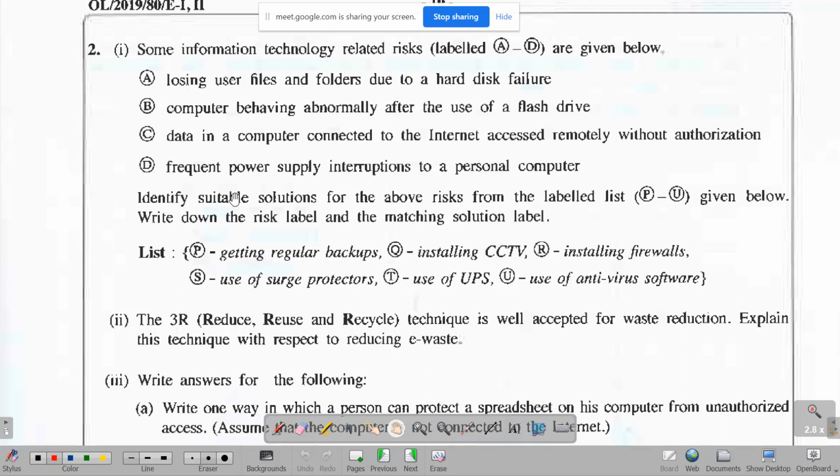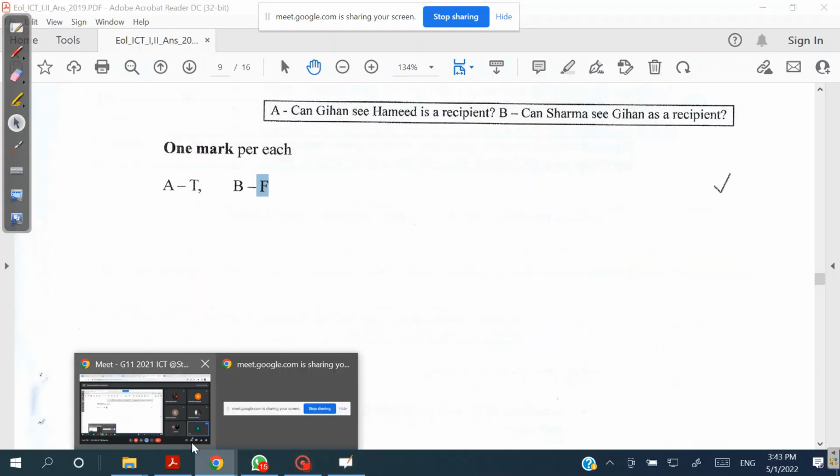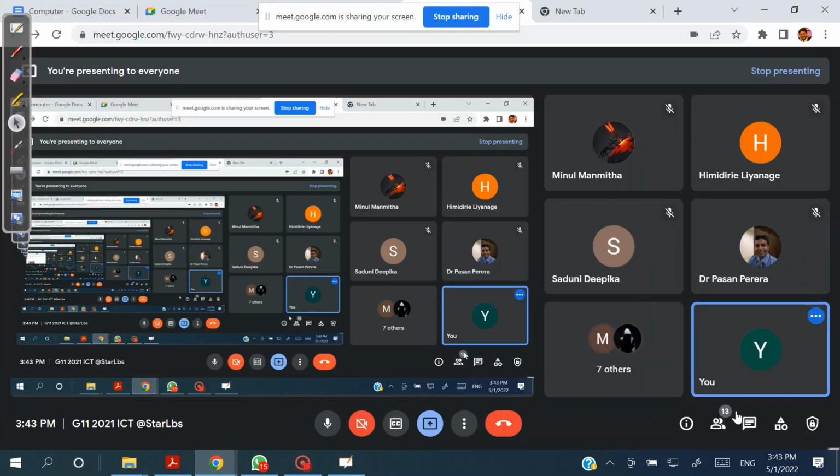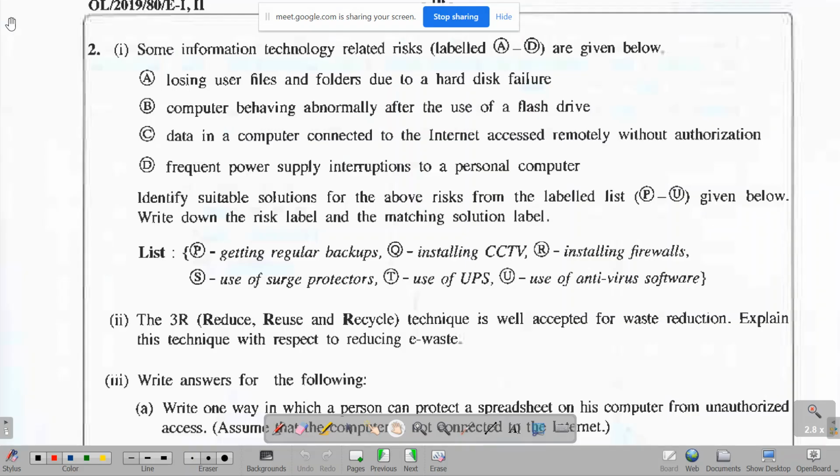Okay. So the second one, oh, very well done, Dulagi. Okay, moving to the second one.